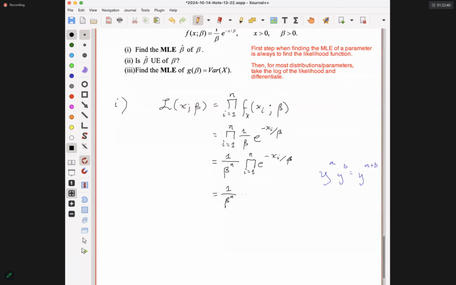And that gives us that this is the exponential, which I'll switch to writing as exp, of the sum of the xi's from i equals 1 to n divided by beta. And this is negative. Does that make sense?